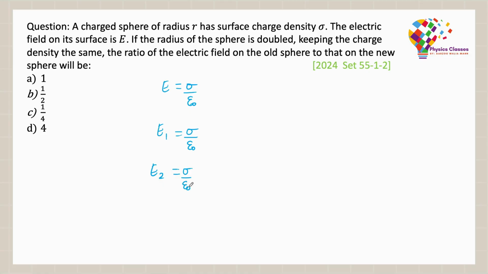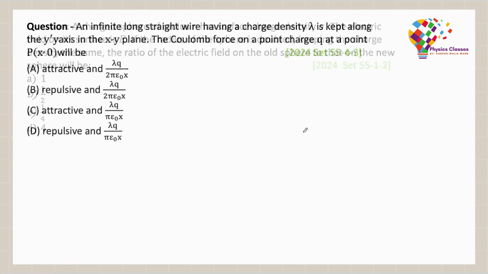If I take the ratio of E1 to E2, this will simply come out to be 1. Or in other terms, the electric field of a charged sphere does not depend on the radius r when the surface charge density is kept the same, therefore the ratio of electric fields is simply 1 is to 1. It's a very easy direct question, so you should not be spending too much time on it.